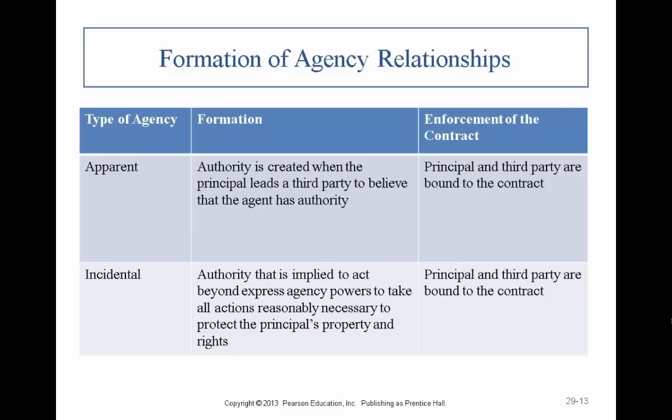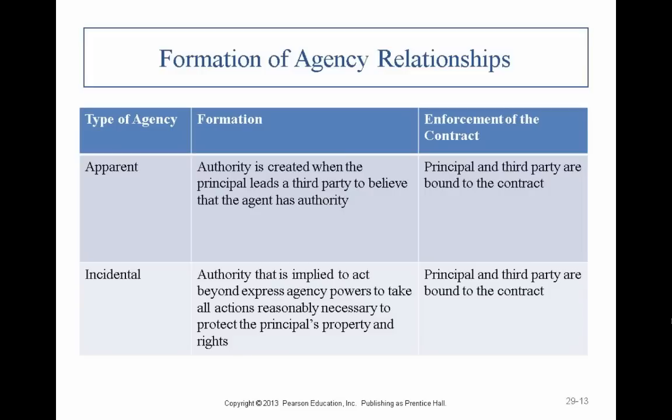They never hire Joe, okay? Joe gets angry for not getting the job, goes out and makes a contract with one of these people. They don't have the authority. They're not the lawful agent. But here's the problem. The principal gave the appearance to a third party, didn't they? And it's a far out kind of set of facts.